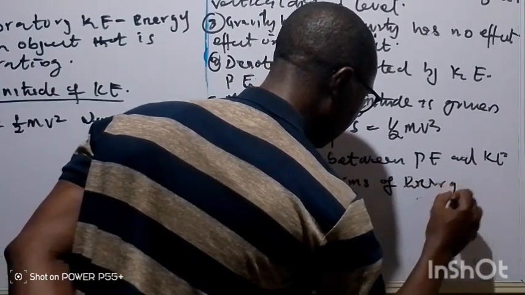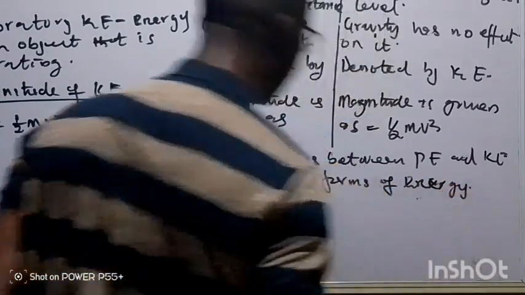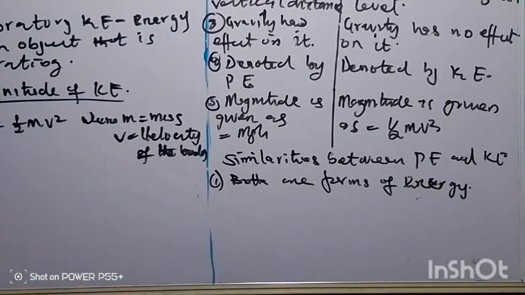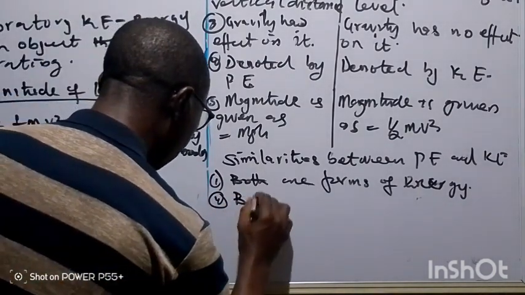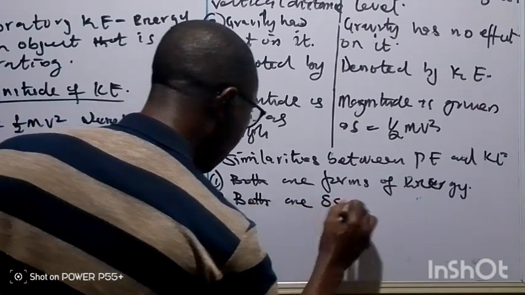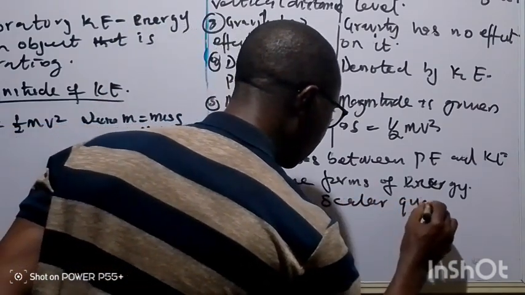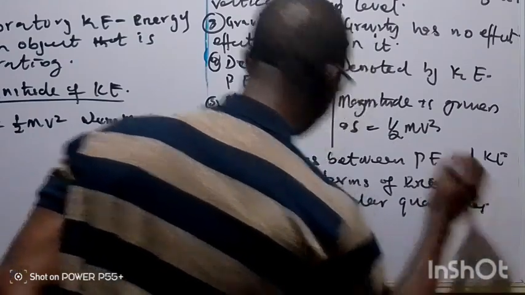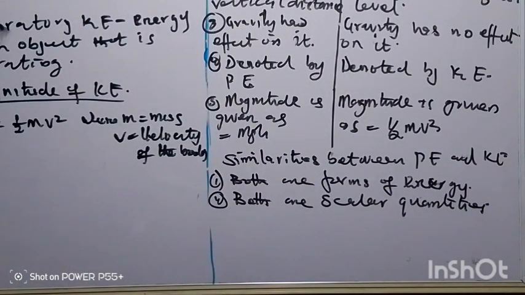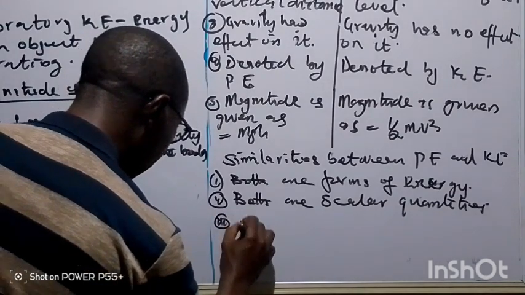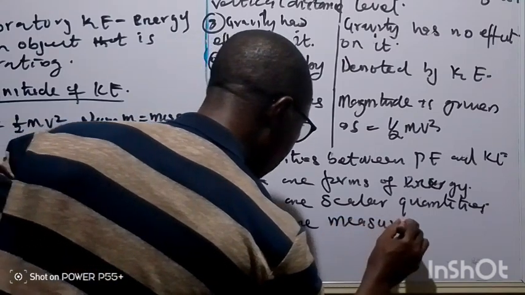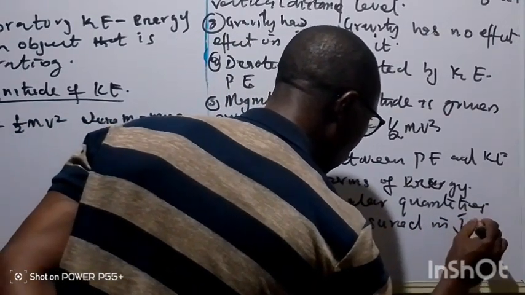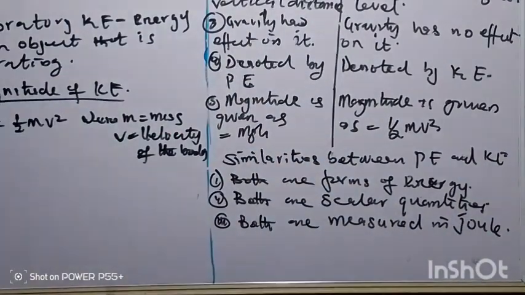That is why I said the other time, all forms of energy are potential and kinetic in nature. 2. Both are scalar quantities. 3. Both are measured in joule. So these are the three similarities between the two quantities.